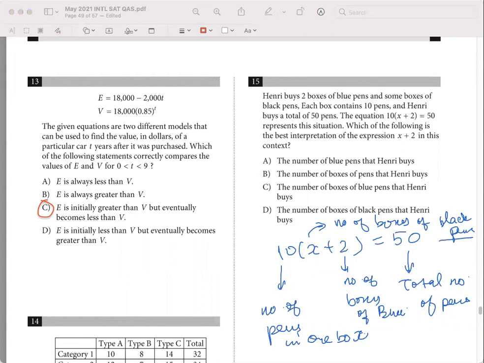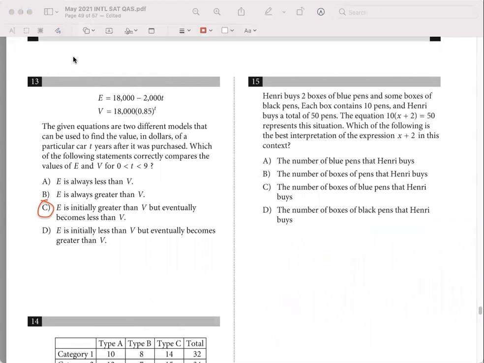So X plus 2 then becomes the total number of boxes of pens that he buys, right? Where X is the number of boxes of black and 2 is the number of boxes of blue. So it's B, the number of boxes of pens that Henry buys, X plus 2. Okay. So let's choose B.